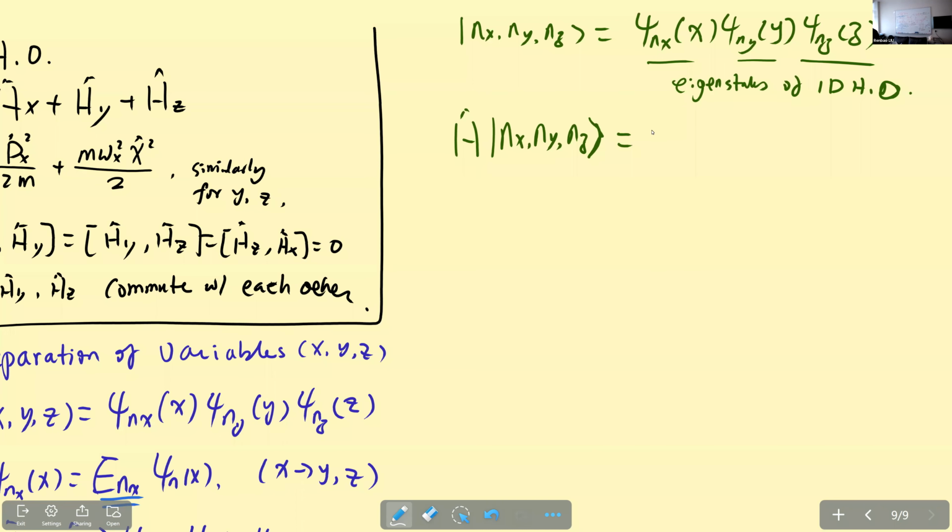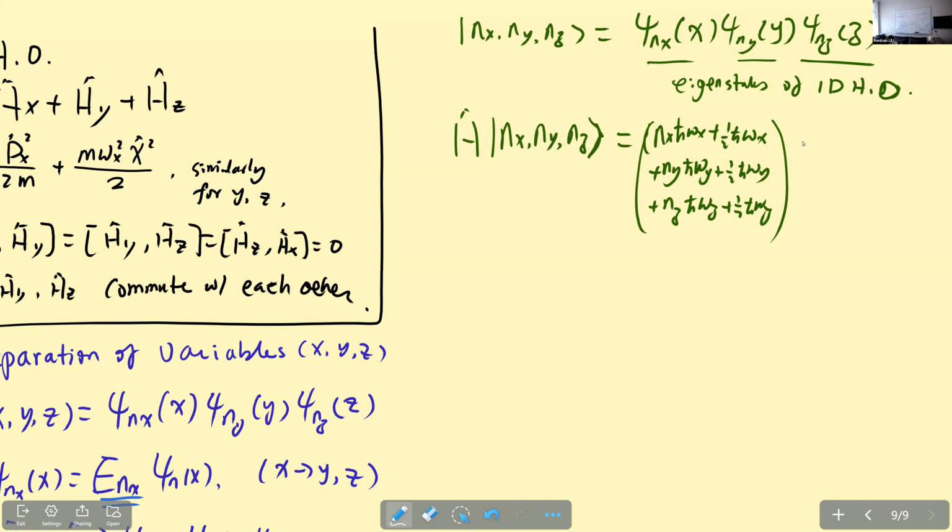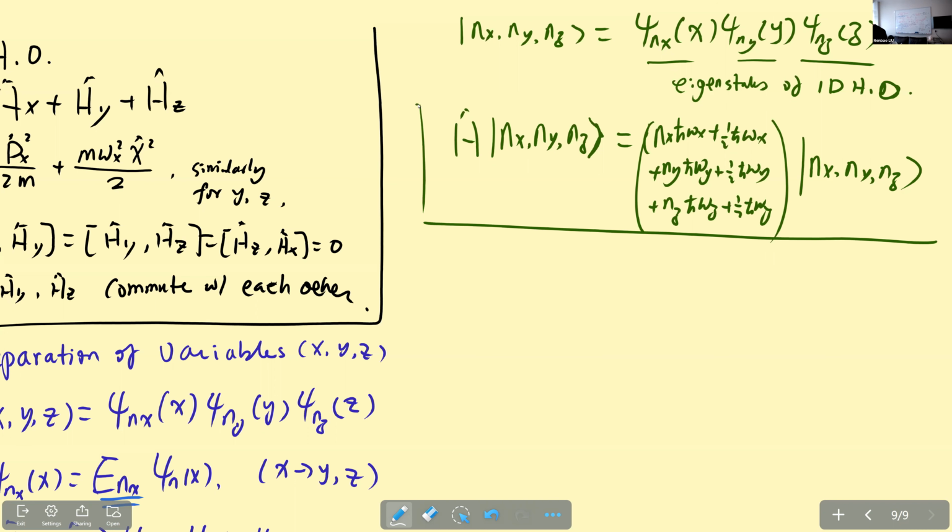That equals, of course, n_x ħω_x plus 1/2 ħω_x, plus n_y ħω_y plus 1/2 ħω_y, plus n_z ħω_z plus 1/2 ħω_z. Okay, you have these three terms times |n_x, n_y, n_z⟩. So that's a solution, right?